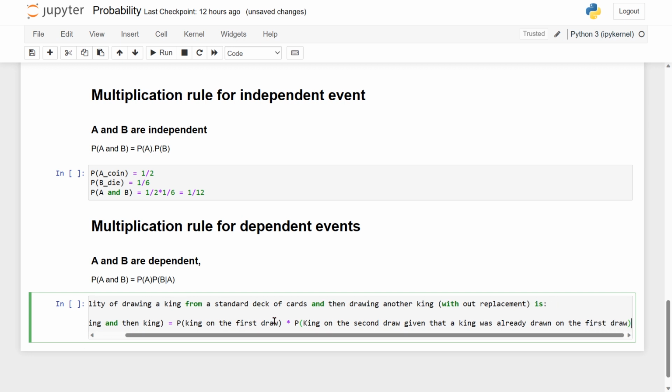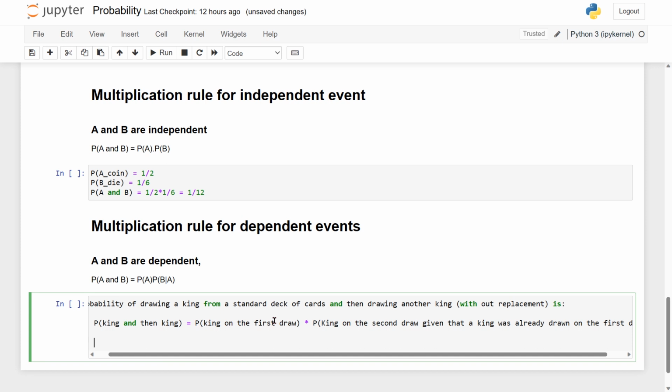So it's 4 divided by 52 multiplied by 3 divided by 51. After removing one king you have only 3 kings, and your sample space reduces to 51. So it's 1 divided by 221.